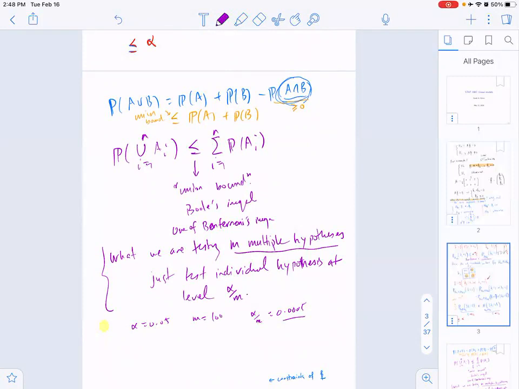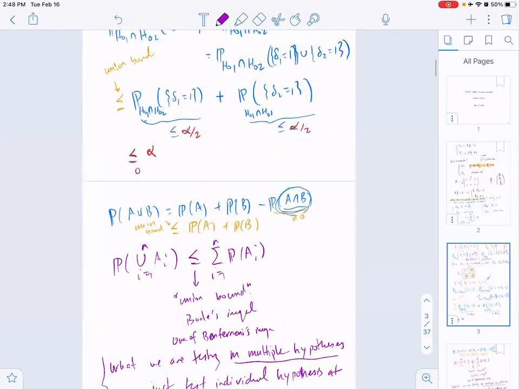Most often you're not going to reject these. If you never reject the null, you're going to be guaranteed that the type 1 error is 0. You can always construct a very useless test that always keeps the null, never rejects, and this will have perfect 0 type 1 error probability.